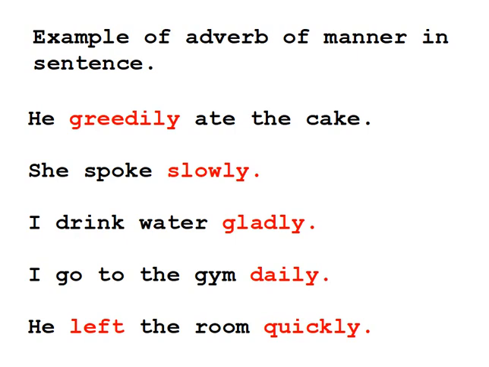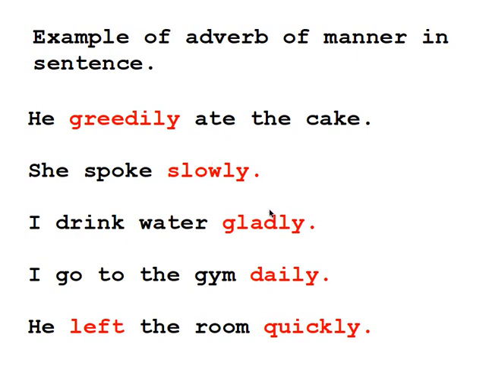He gladly ate the cake. She spoke slowly. I drink water gladly. I go to the gym daily. He left the room quickly. So you can see that in the first sentence, the adverb of manner comes before the verb.